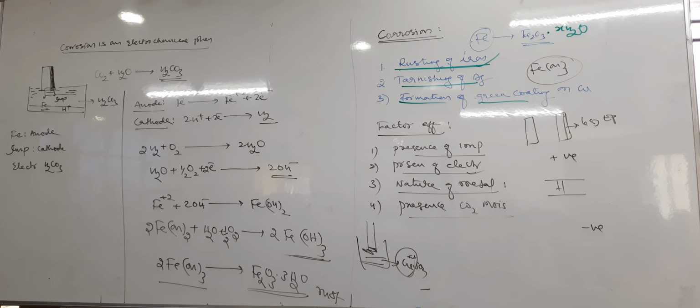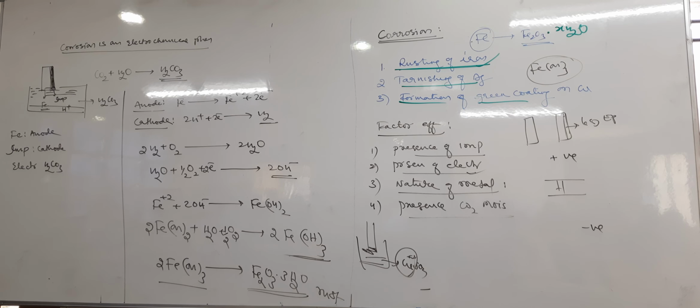Next, electroplating. Electroplating, the process of deposition of metal over another metal by passing an electric current is called electroplating.